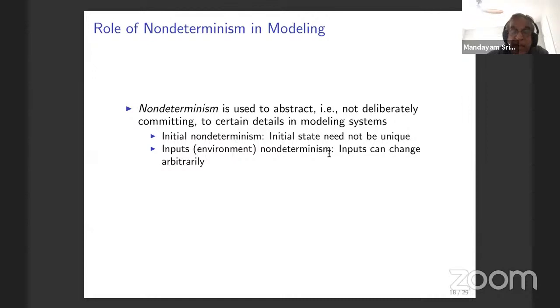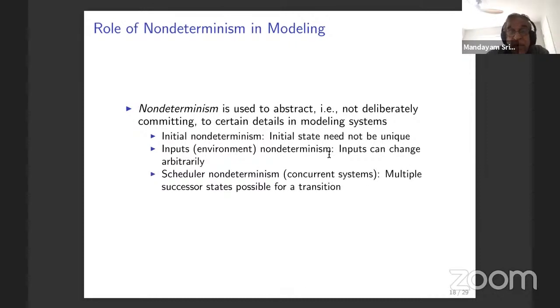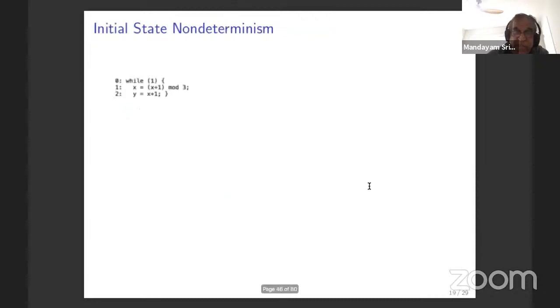It can change arbitrarily, or this non-determinism, when you use it inside the definition of the transition relation, can capture that. You can throw away the details about the scheduler in the case of concurrent systems by making a state have multiple successor states. Okay.